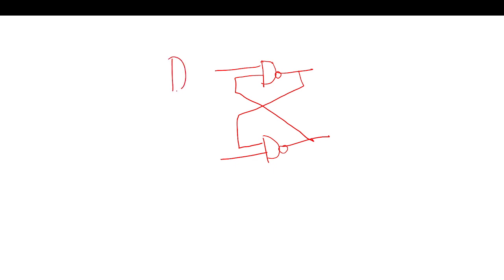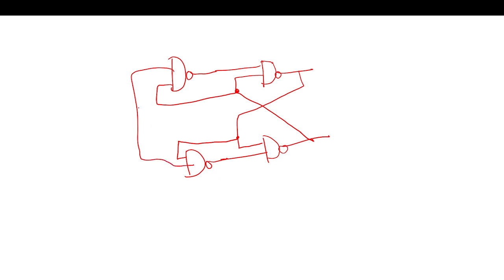Now I will have another NAND gate, and one of the inputs I will tie here. This is the circuit, right? A JK latch.